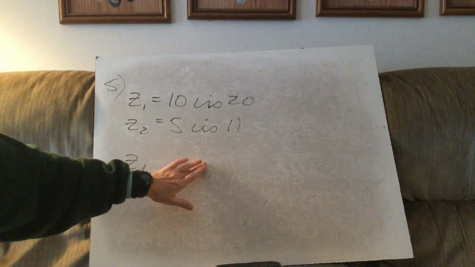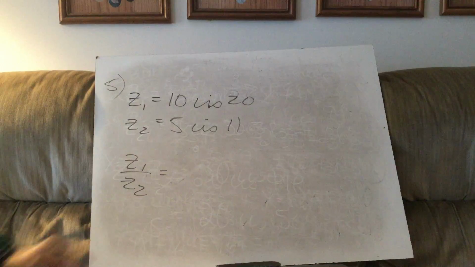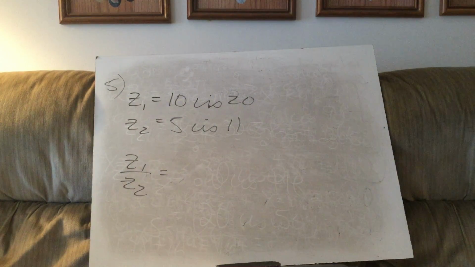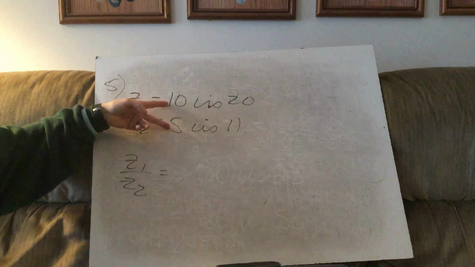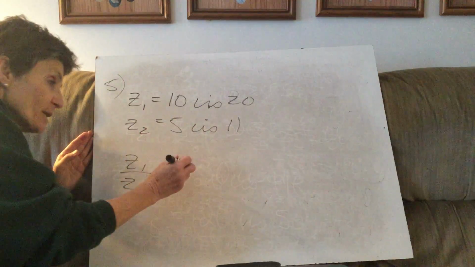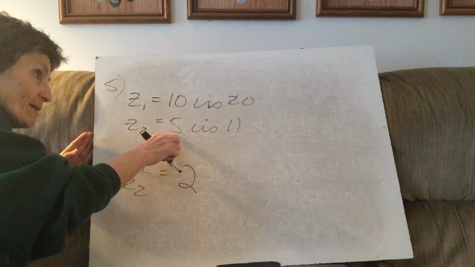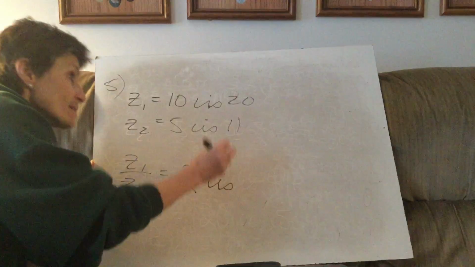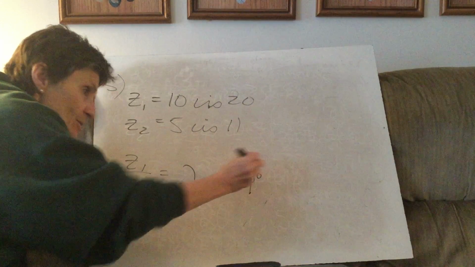Now take a wild guess what we're going to do in the division problem. We're going to divide the r's, so we're going to get 2, 10 divided by 5, and we're going to subtract the angles.